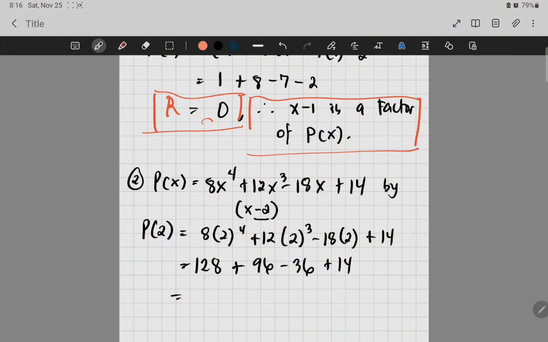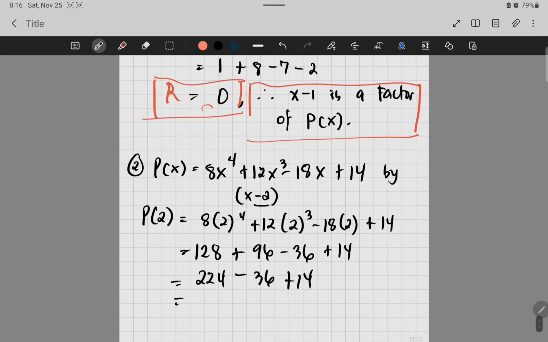Okay, so 128 plus 96, that is 224. Minus 36 plus 14. 224 minus 36, that is 188. Plus 14, that is 202. Okay, therefore, the remainder is 202.